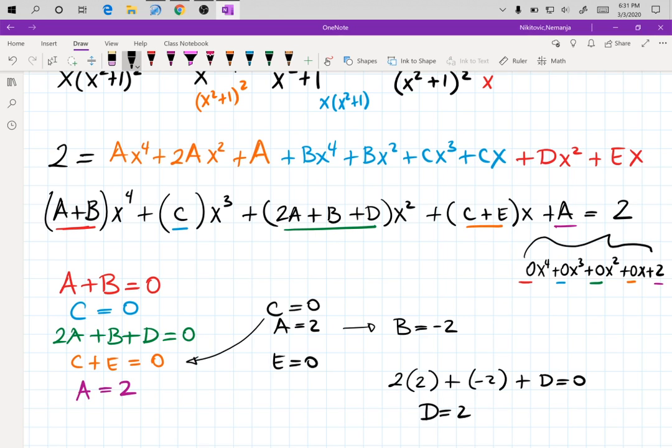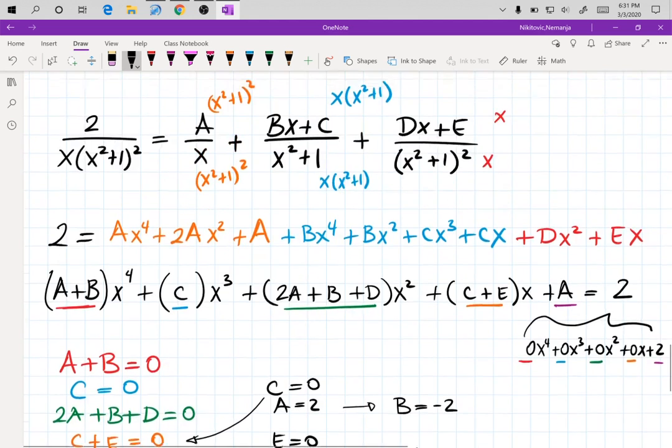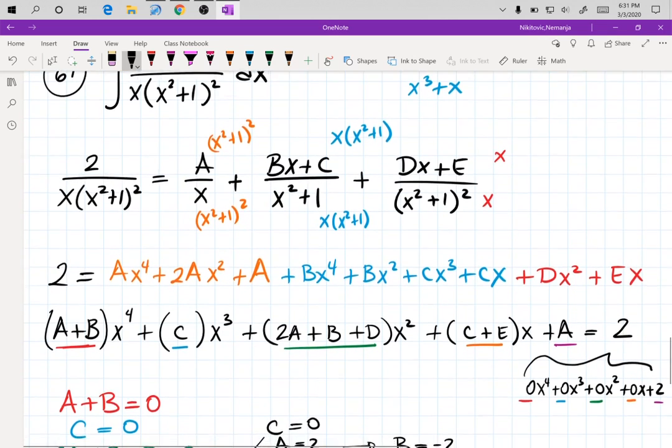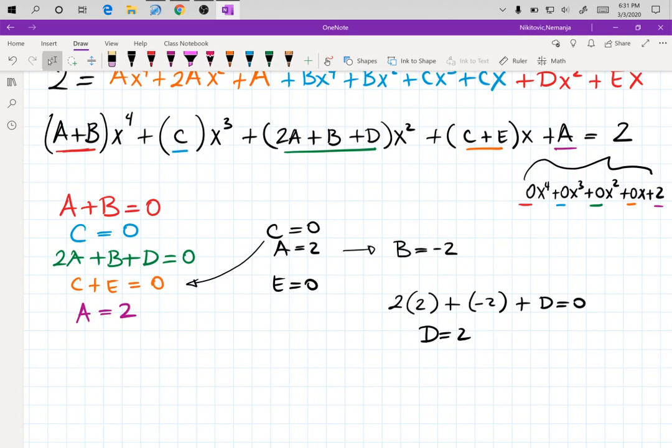So you gotta chase these things around a little bit to get all of the constants. And once you have all of these constants, any one of these that is 0, you just don't write it in those setups up there. So a over x, how much is my a? 2.